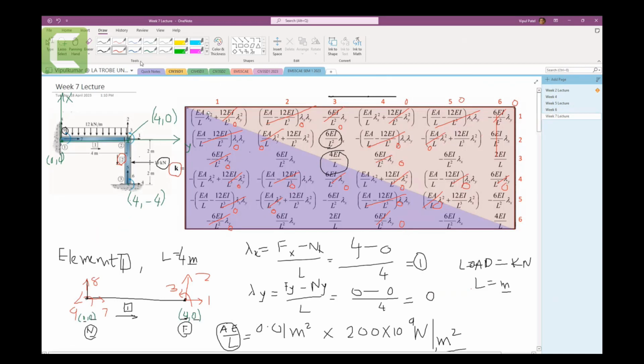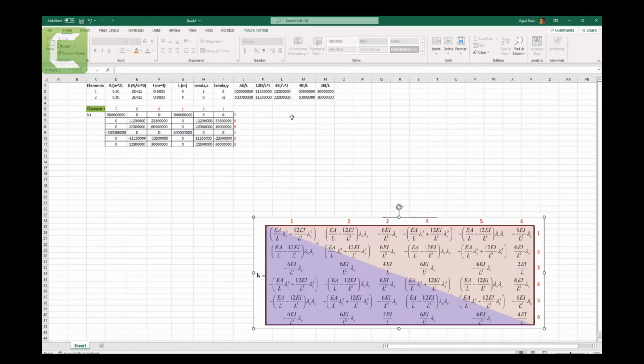You can clearly see here that all these have how many total degrees of freedom? Total 9 degrees of freedom. So we need to get the 9 by 9 matrix. So element 1, or we can have a K1. Let's put the K1 here, and we need the 9 by 9 matrix 1.